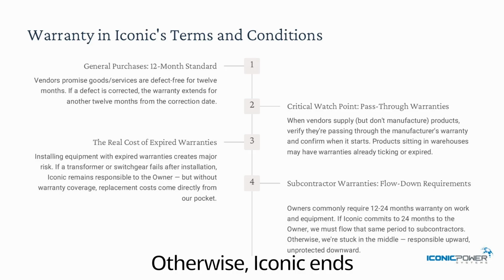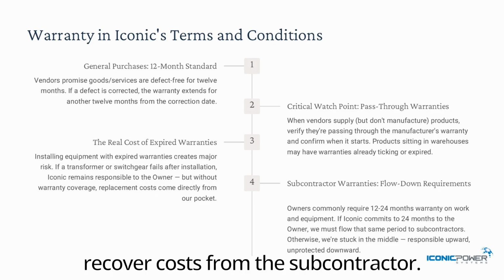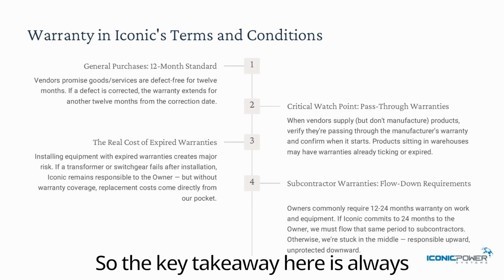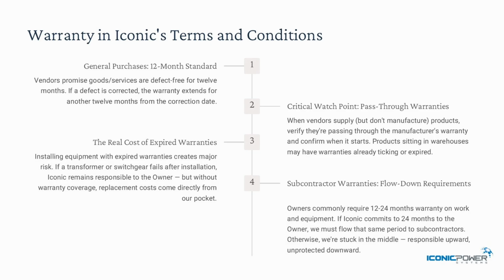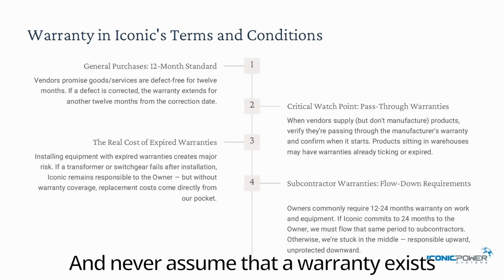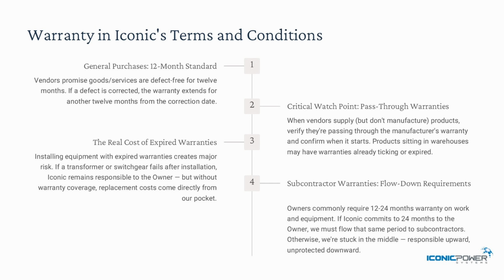Otherwise, Iconic ends up stuck in the middle, responsible to the owner but unable to recover costs from the subcontractor. So, the key takeaway here is always confirm the warranty period. Always check whether warranties need to flow down and never assume that a warranty exists just because a product exists. Warranty management is not paperwork, it's risk management.